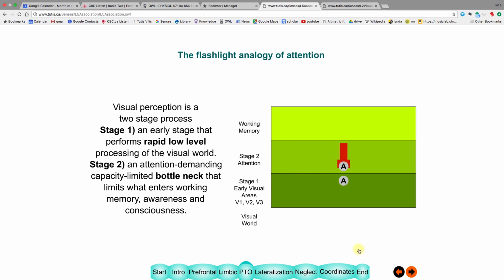So you can see here something entering your V1, then going through gradually to your association areas and the prefrontal one, where working memory lies. Okay, and it takes time. And then you can see here that if, while you're attending to this thing, something happens over here, that signal doesn't get through.